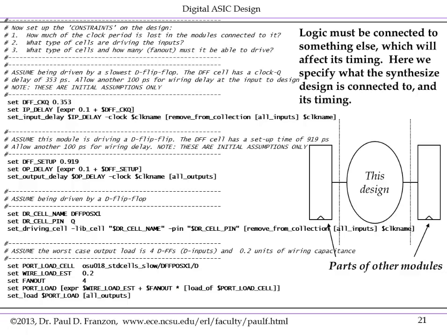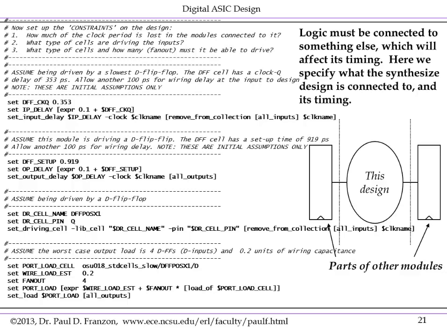Next, we are going to tell the design what is connected to externally. It needs to know at least the timing behavior of the rest of the world so it can properly calculate timing for those parts of your design, which I've labeled this design here, to make sure we don't get setup and hold violations.